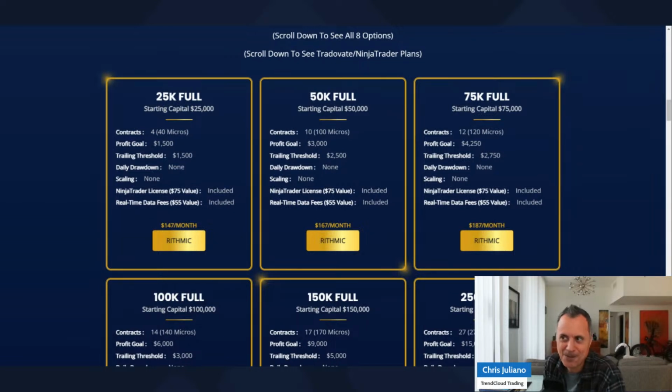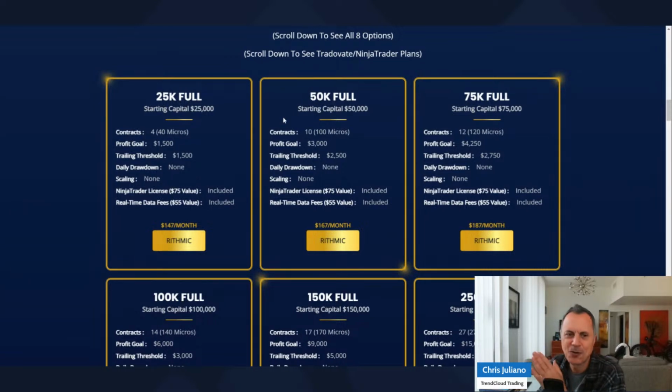That, my friends, is how these people make money here. Does that sound legitimate? I'm sorry, but not one mistake. Daily drawdown, 0. We're going to charge you $147 a month until something happens.